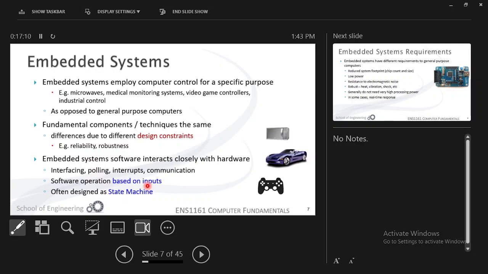So no power movement or anything else, it just stays as it is. Hence we don't get any additional lighting from this bulb. A state machine just goes up and down, whether the transaction happened or not. So all of these embedded systems interact closely with the hardware.